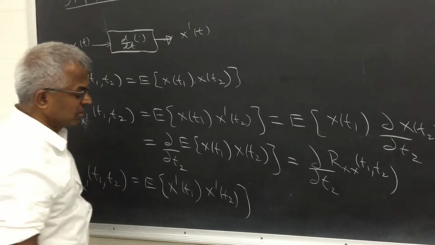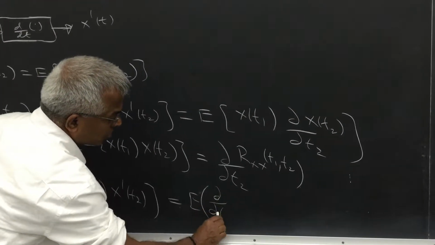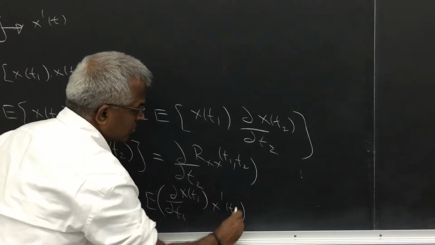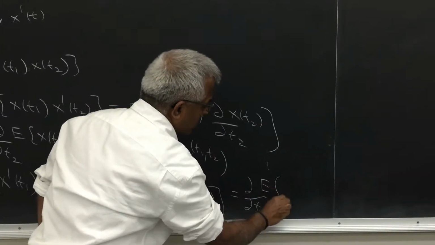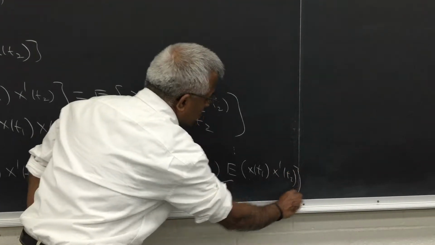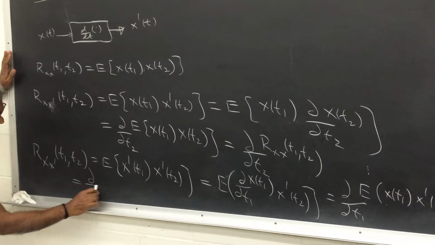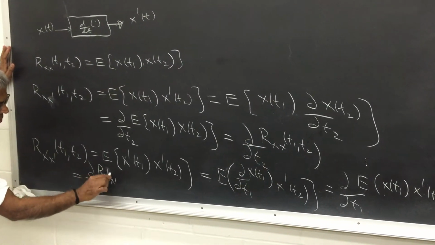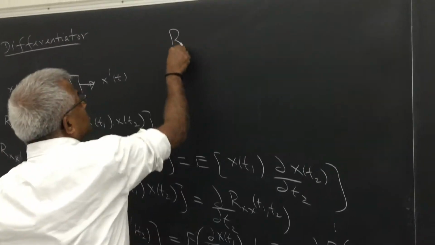If I write this explicitly as the derivative with respect to t1 of x(t1) x'(t2) and pull the derivative outside, then we have the expected value of x(t1) x'(t2), but that's R_xx'(t1, t2), so this turns out to be d by dt1 of R_xx'(t1, t2).